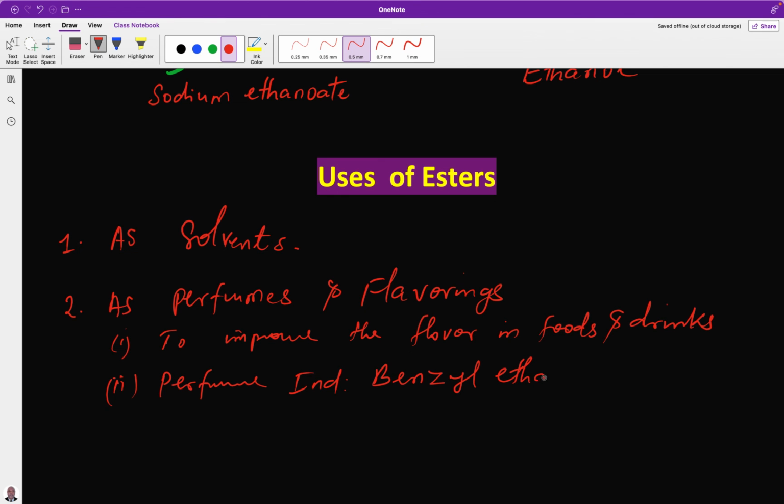Benzyl ethanoate, or what we call gardenia fragrances.